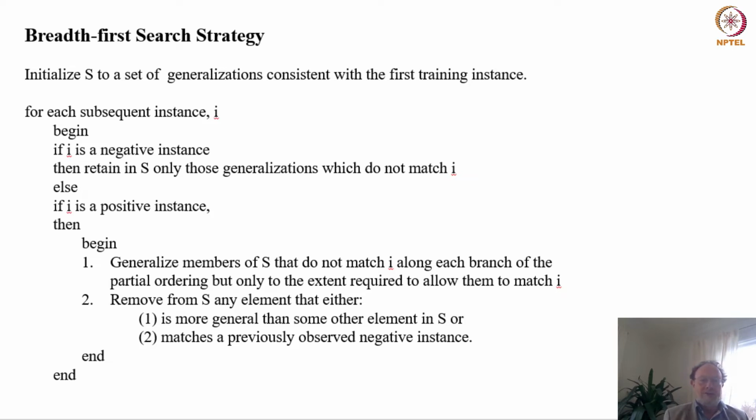We generalize, of course, in order to cover the new instance, but not too much. So we keep to the most specific generalizations needed.